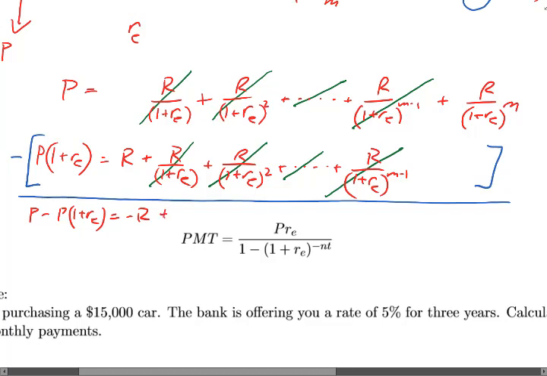So we've got our negative R plus R divided by 1 plus RE to the nth power.